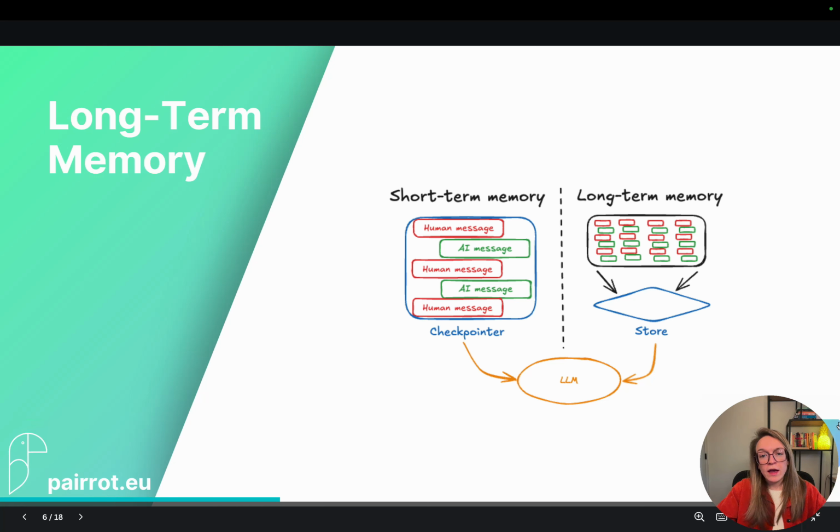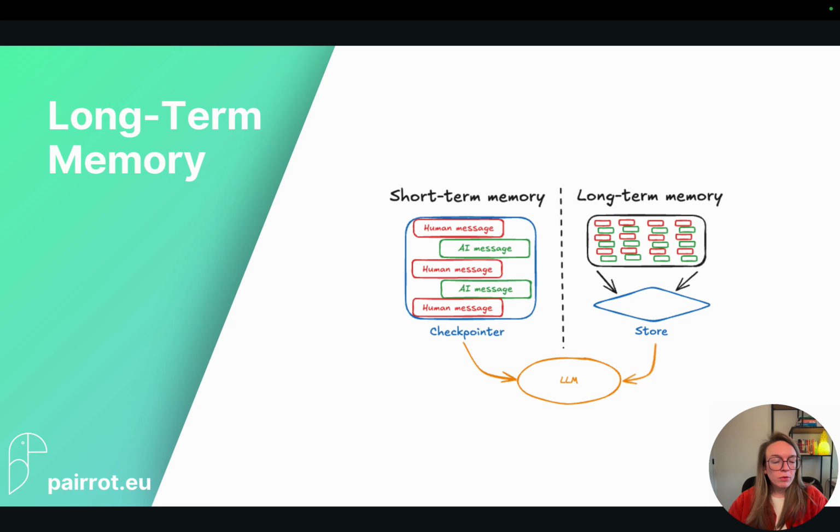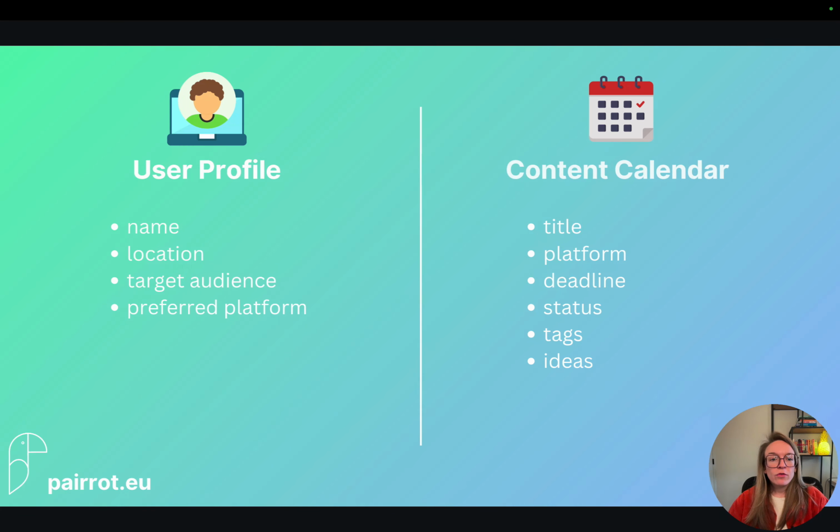We will build an AI agent that has this short-term memory aspect as well as the long-term memory. And in our long-term memory, we will store two very important components in this AI agent. First of all, the user profile as well as the content calendar. Both will be stored as Pydantic schemas with different fields storing the information related to that specific component.